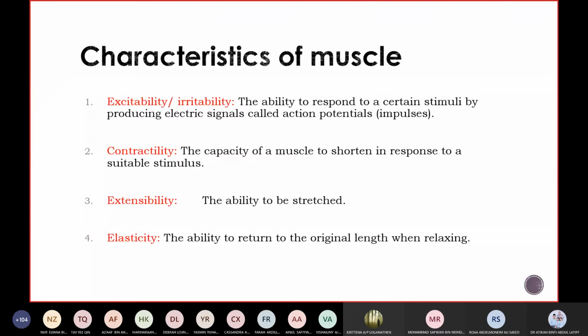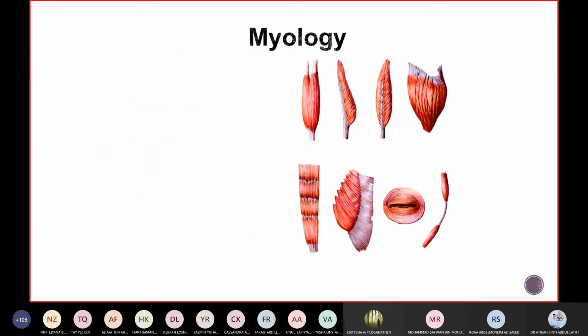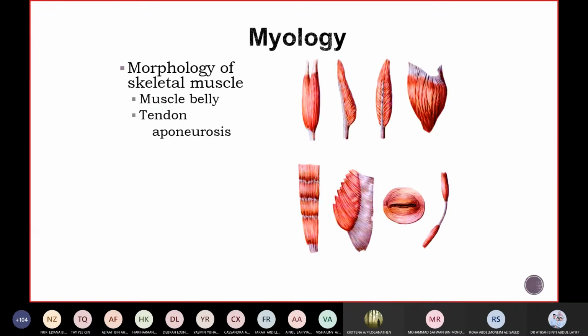Next is contractility, so it can contract in response to the impulse. Extensibility, it can be stretched, and elasticity, elastic like a rubber band, so it can return to its original shape and length after the stretching.